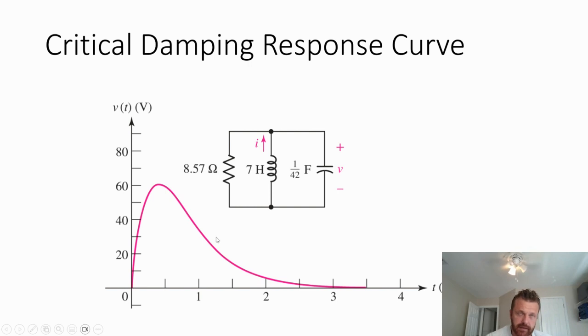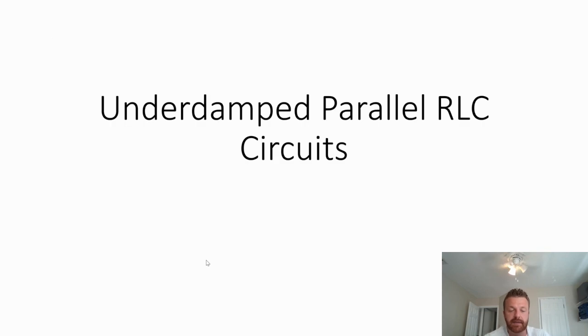The key thing to point out, though, is that much like the overdamped case, it never actually crosses zero. It never becomes negative. So you never have an oscillatory term in the actual response yet. That's what we're going to see in the next video.